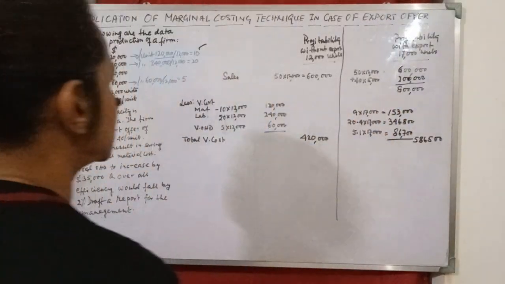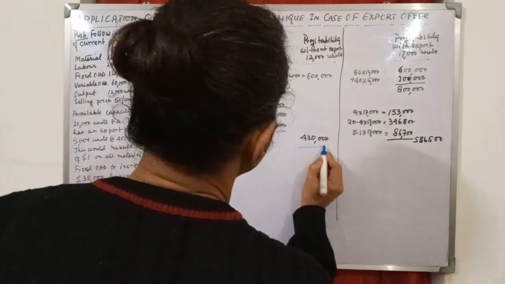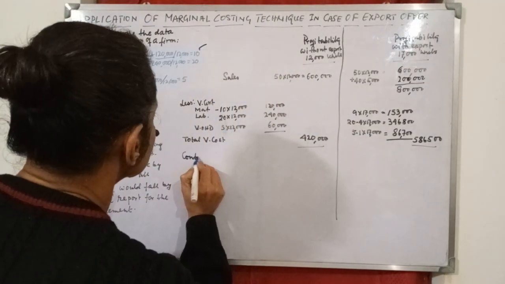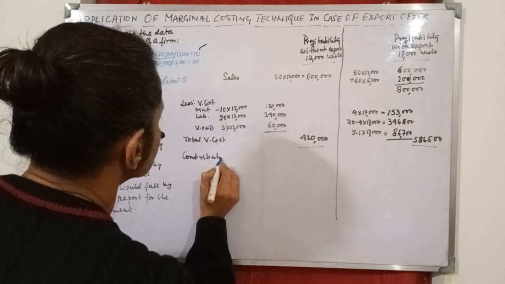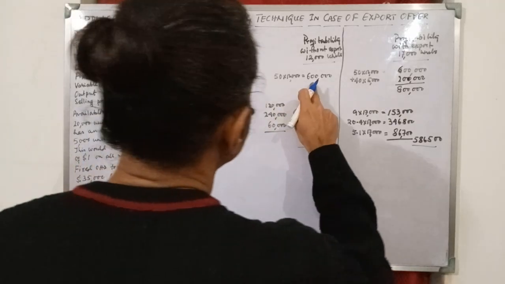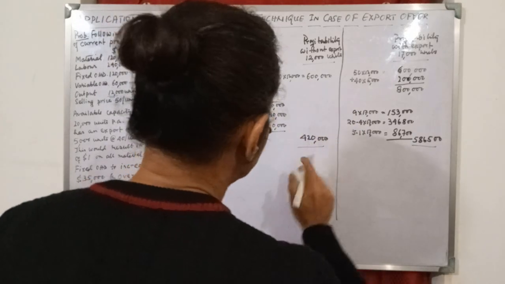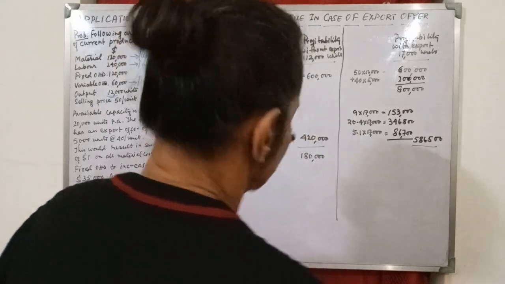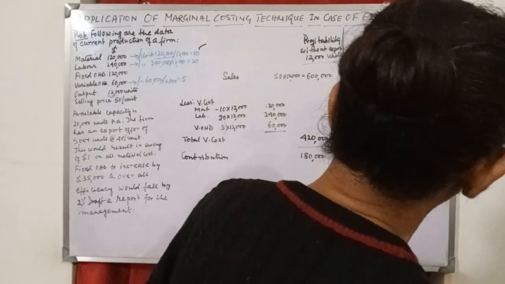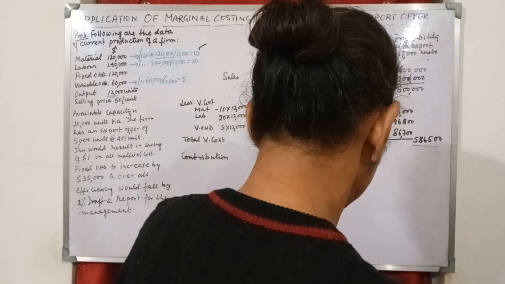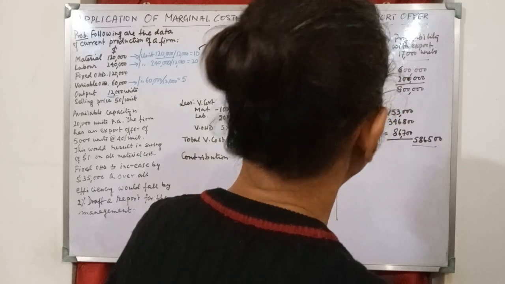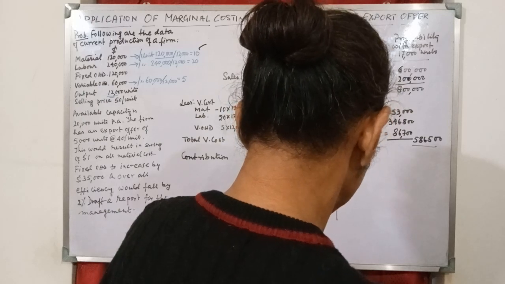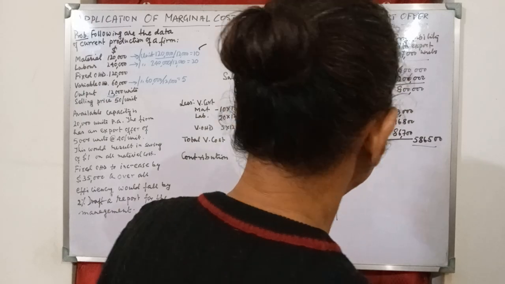So what will be the contribution? We deduct variable cost from sales. So contribution is here 600,000 minus 420,000, that means 180,000, and here 800,000 minus 586,500, we get 213,500.